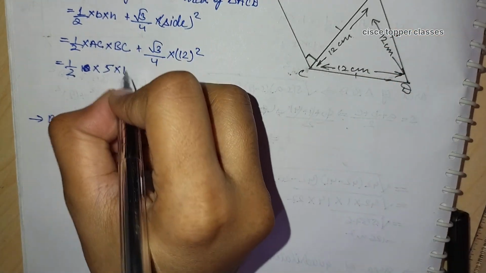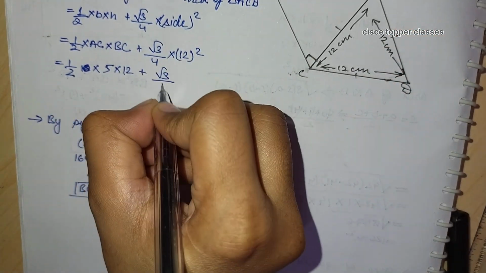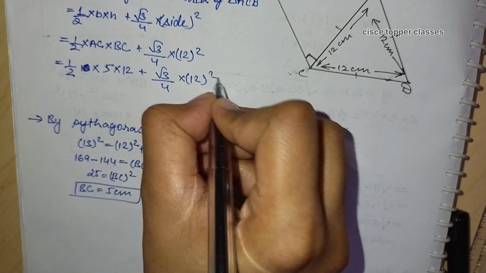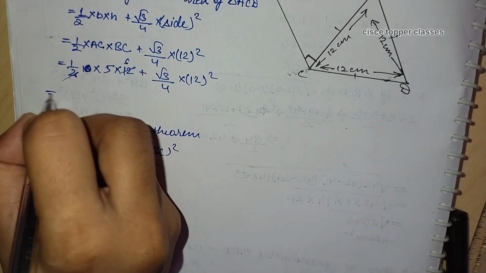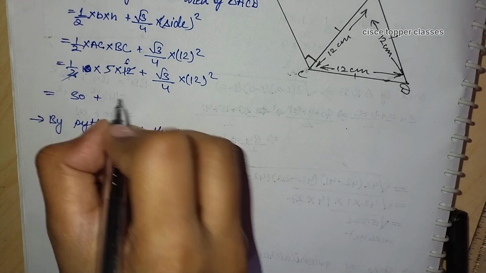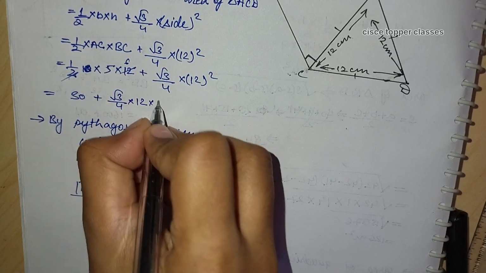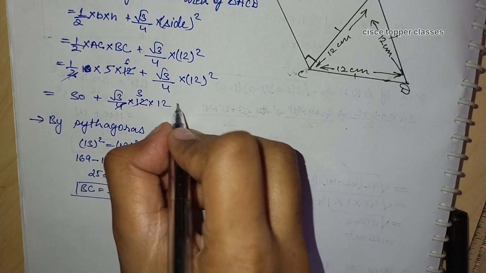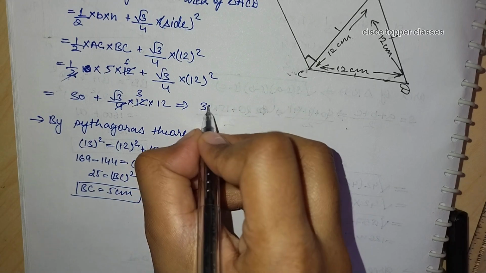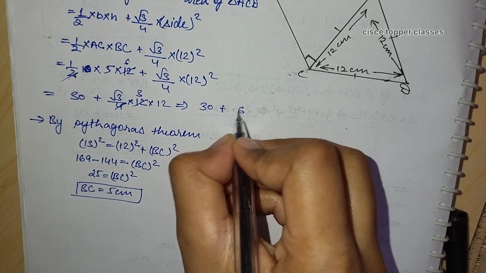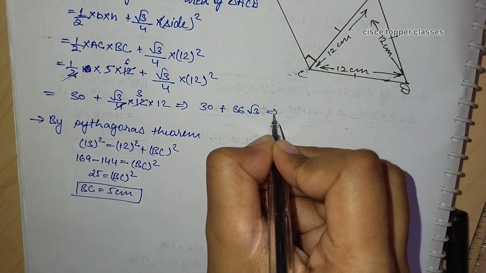So this is half into 12 into 5 plus root 3 by 4 into 12 whole square. We'll cancel out this part. So this will be 30 plus 3 root 3 into 12, cancelled out by 4, and this will be 30 plus 36 root 3.